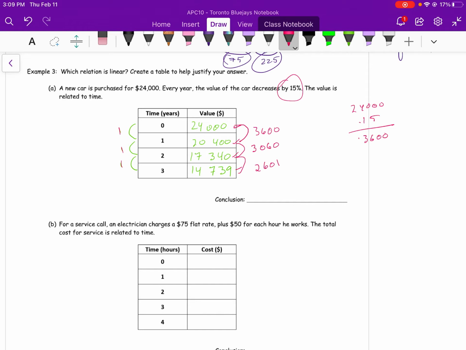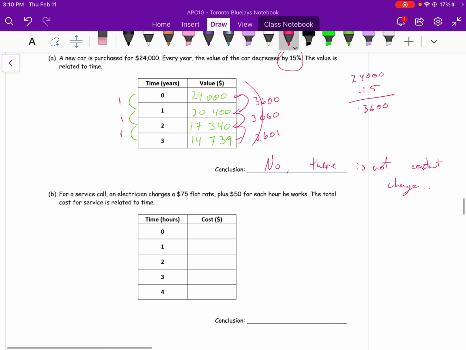Is the value of the car linear? No. There is not constant change. So the change is not constant over here.